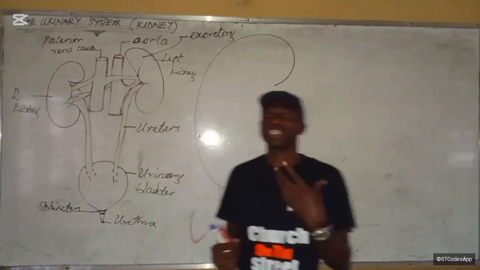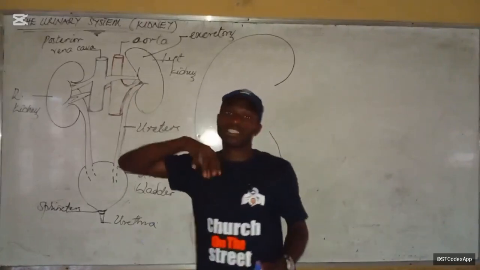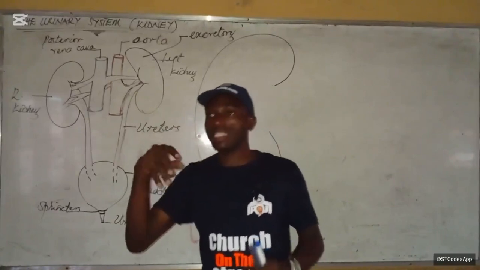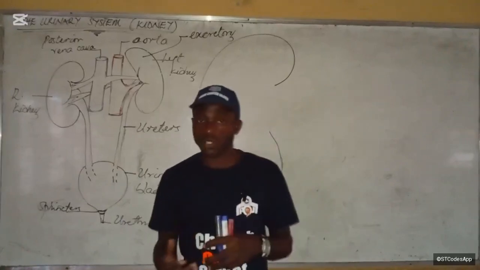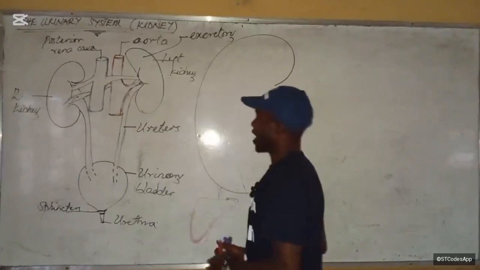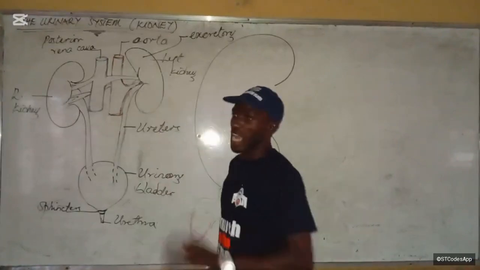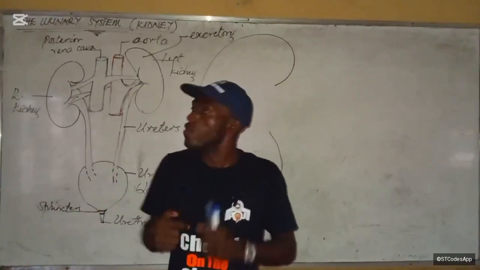All right, now let's talk about the process of the creation of that urine. How does urine get created? This kidney has some internal structures that enable it to create urine. These internal structures are the ones that receive the incurrent blood, that is the incoming blood, from where?